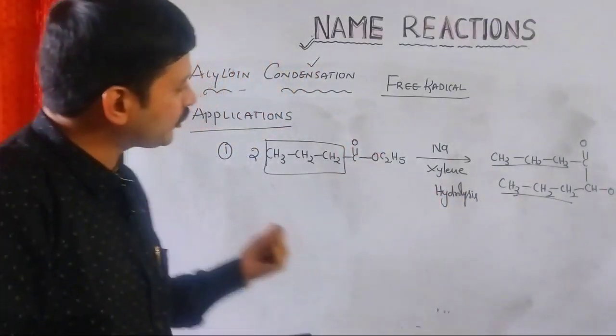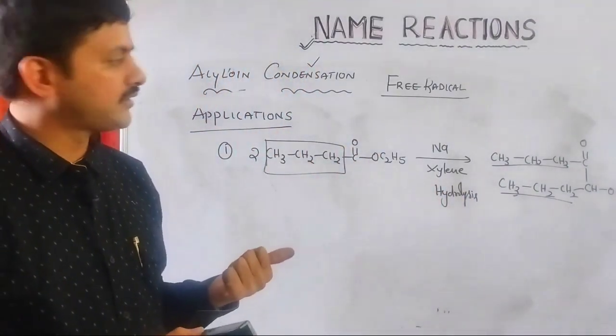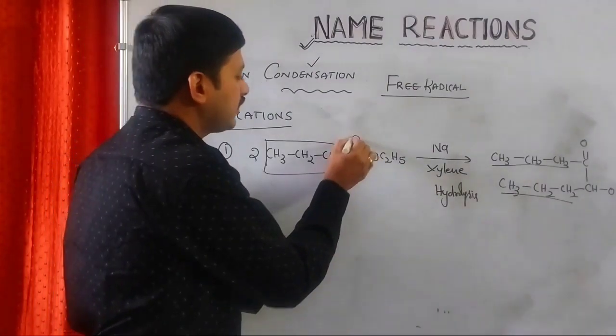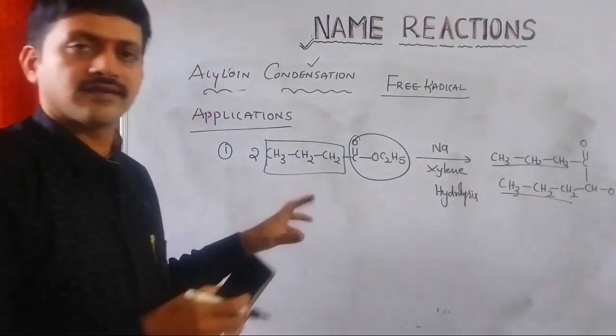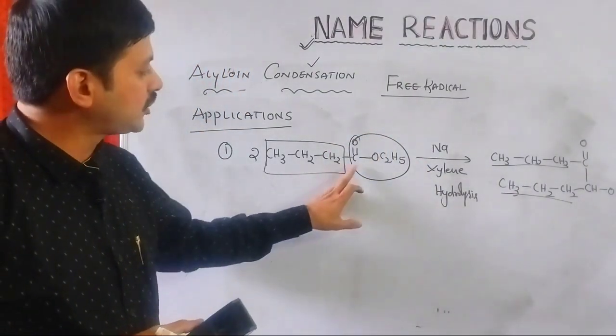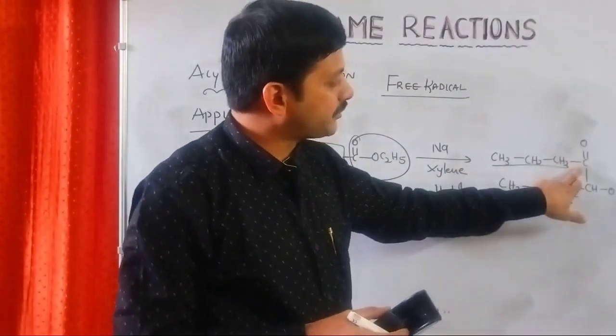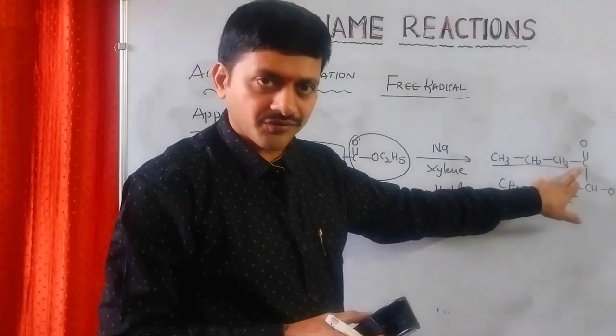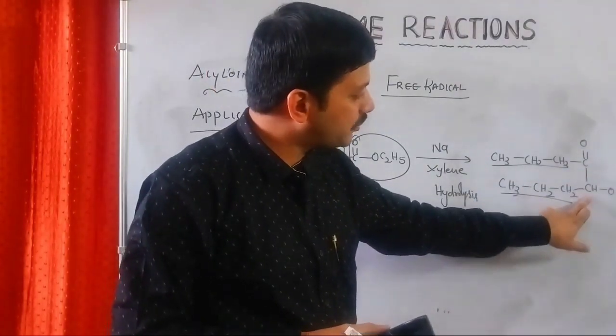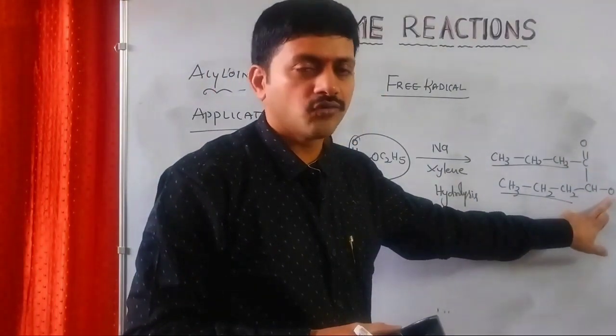If you observe this particular application, we have taken 2 moles of ester, right? It means that 2 C double bond O groups are present. One C double bond O group is present in the form of ketone, another in the form of OH.